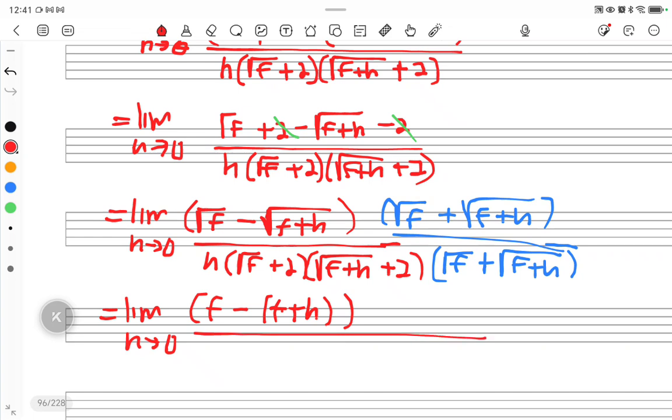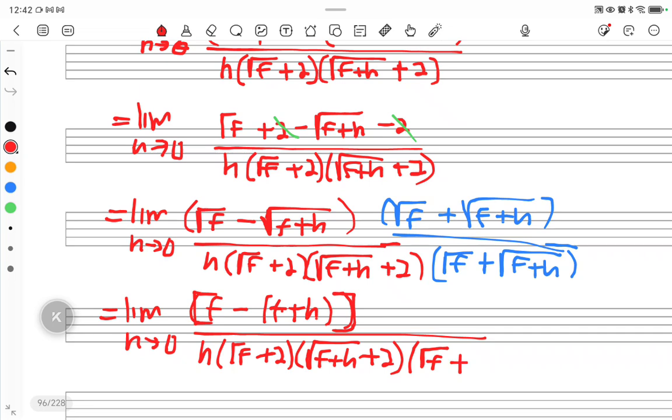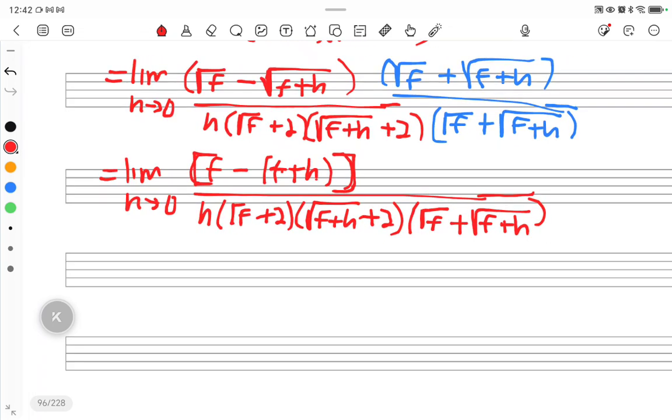So this would be all over h root of f plus 2 root of f plus h plus 2 and root of f plus root of f plus h. Right? Then this would be the limit, and then we simplify that again.